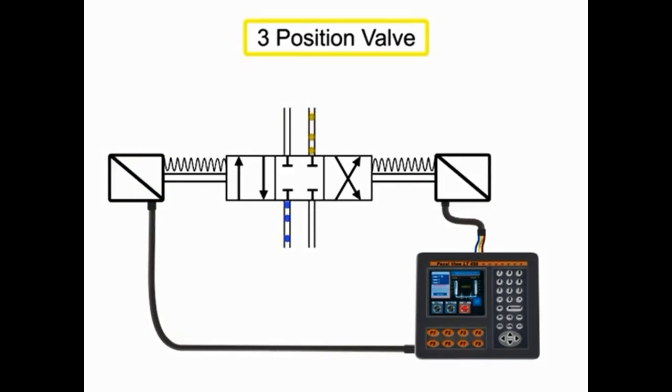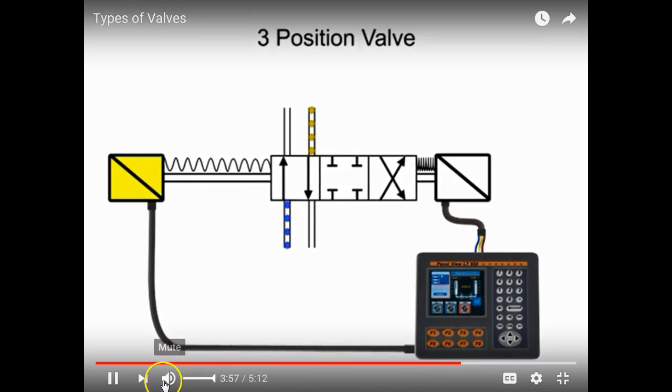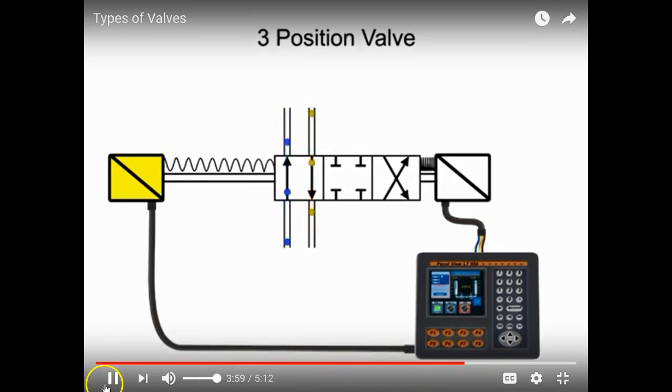A three-position valve has a spring-centered neutral position for its internal spool. Because of the centering springs, it's necessary to hold current on one solenoid or the other to keep the spool in one of its side positions.